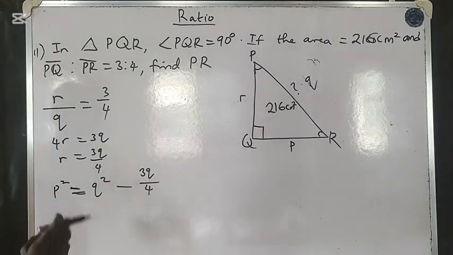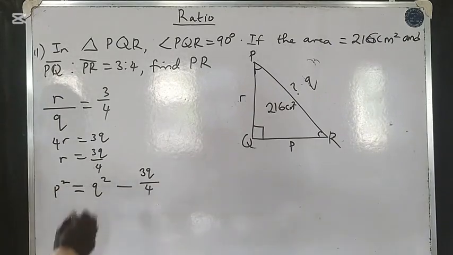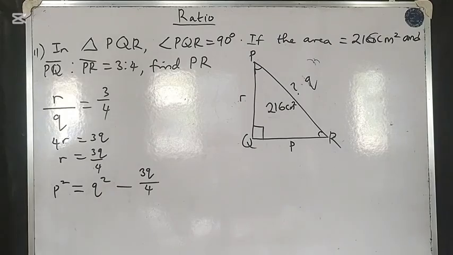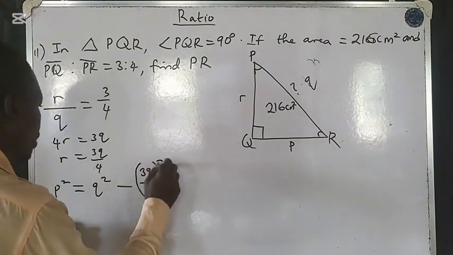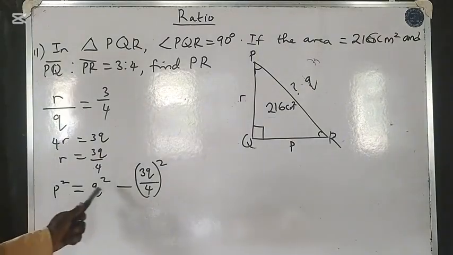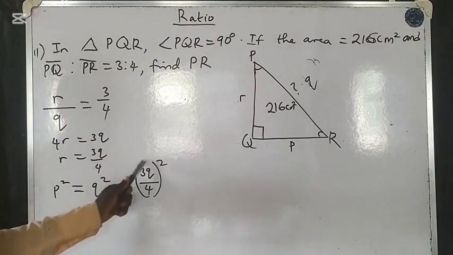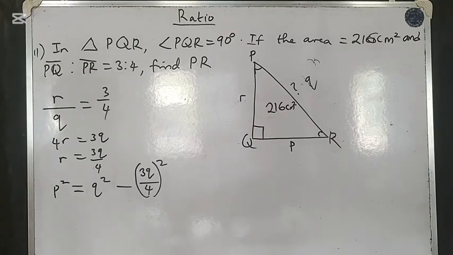That's our R, the value we have derived for R using the ratio given to us. So we have this equation. This one is also squared. So P squared equals Q squared minus (3q over 4) squared, using Pythagoras theorem to find an expression for our P.